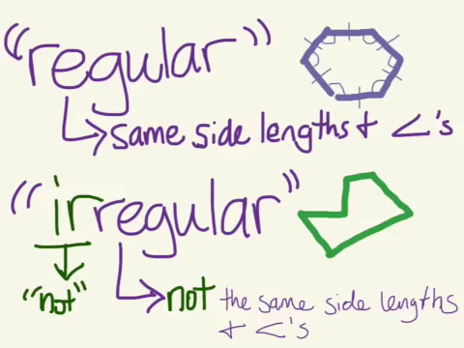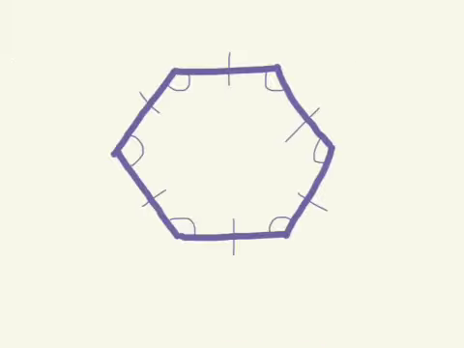The great thing about knowing what regular means is this. If you know that you have a regular shape, all you need to figure out the perimeter is one side length, and you can figure out the perimeter of the entire figure as long as it's regular. So let's say that one side length of this magical whiteboard regular hexagon is 7.9 centimeters, or 7 9/10 of a centimeter.